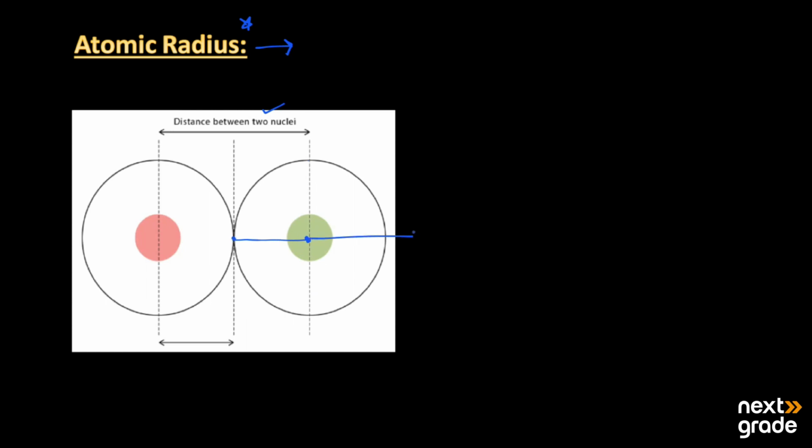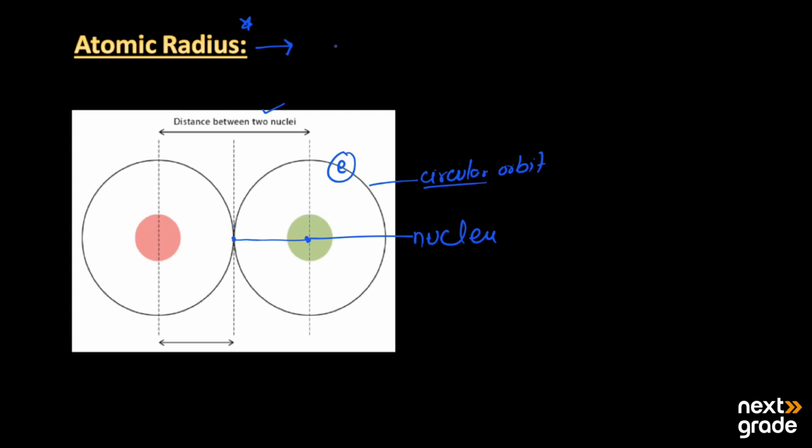In the center there is a nucleus, and around the nucleus we have circular orbits which have electrons revolving in them. So this is the simple atomic radius.